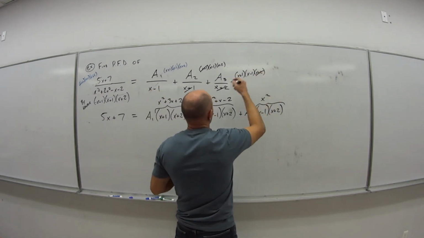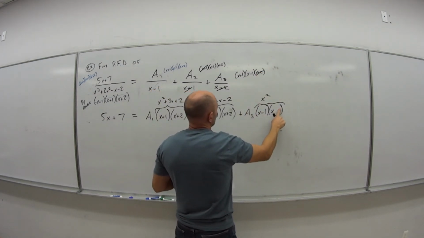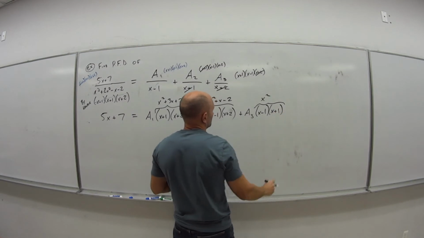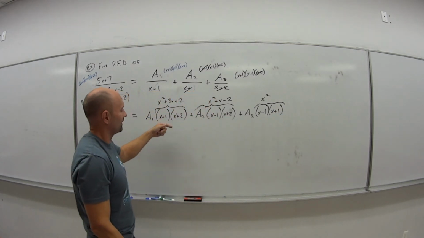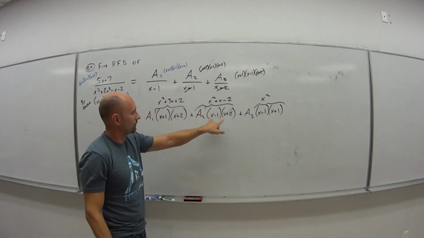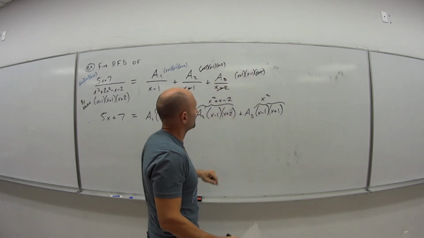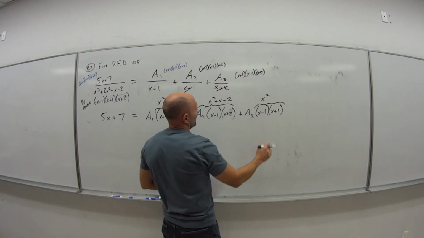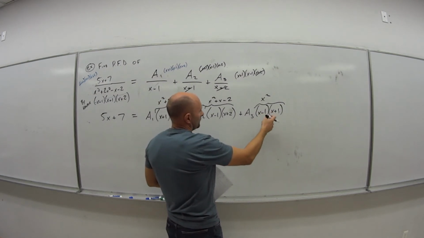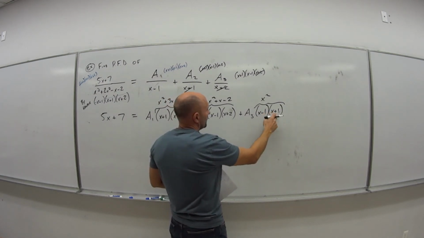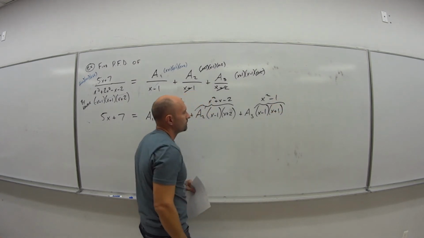On this one, I canceled out the x plus 2's, so this should be x minus 1, x plus 1. I knew stuff canceled out, so these two shouldn't have been the same. So I get x minus 1, x plus 1. That's a difference of squares, so I get x squared minus 1.